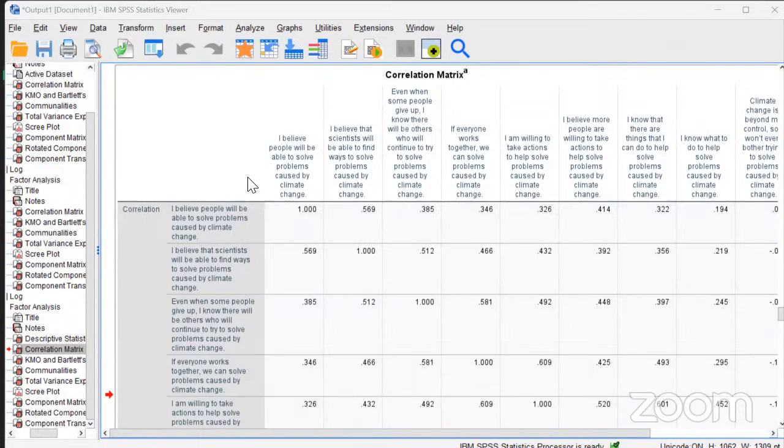That means how many dimensions are there in your questionnaire in these 5 items? Three dimensions. Why these 3 dimensions?